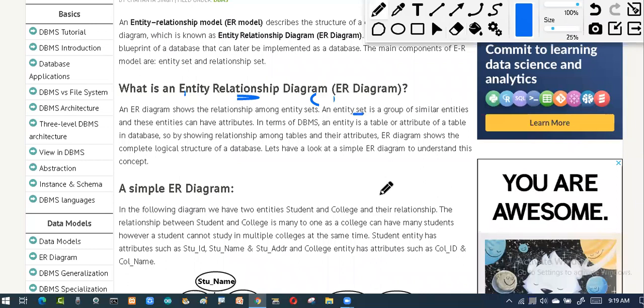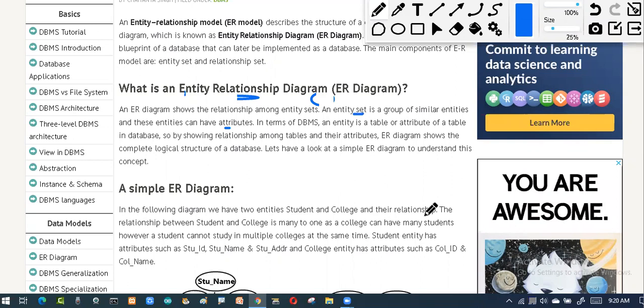Each and every entity has some properties. These properties we call attributes. The object that you are selecting can be a person, a class, a college, a subject, a department.